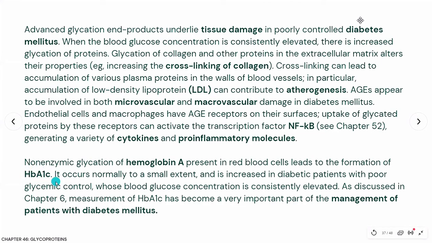You may not have the signs and symptoms yet of diabetes mellitus, but if they take a blood sample and look for hemoglobin A1C and there is hemoglobin A1C, even if you do not have the signs and symptoms of diabetes, you already have what they call diabetes mellitus.